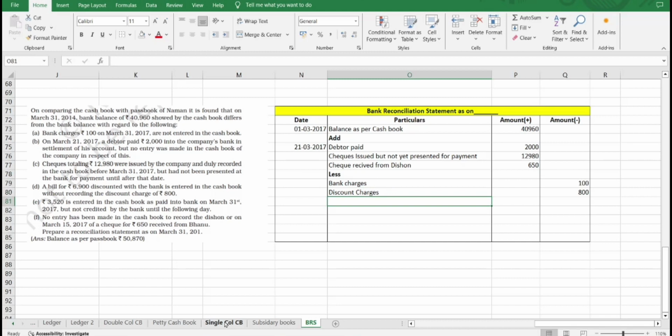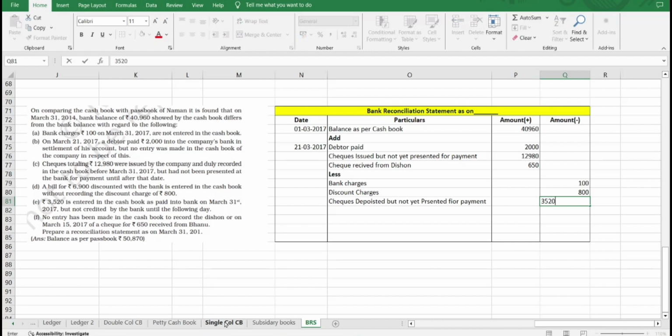Next, entry made in cash book but was not credited. So check deposited but not yet presented for payment, rupees 3,520.